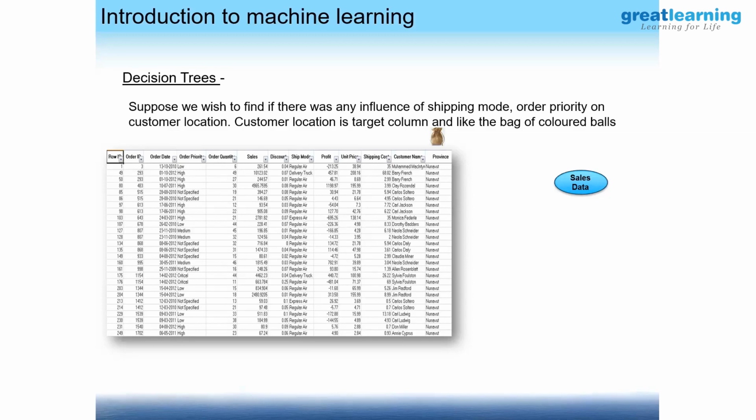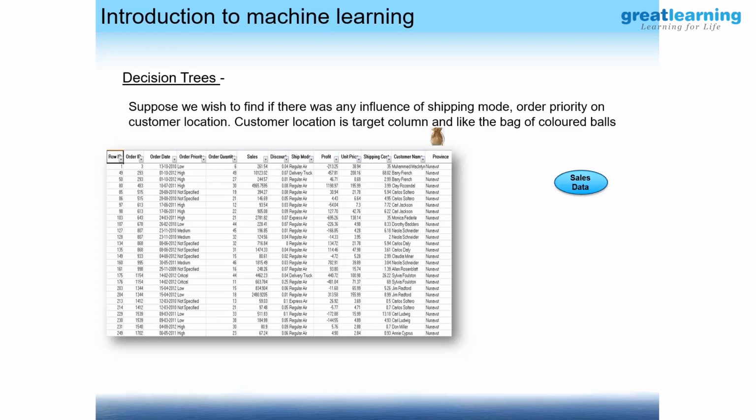And the task assigned to you is, can you build a model which, by looking at the various other attributes, will help me decide where this customer is located. So the last column is the location column. The screen size is limited, so I've shown you only a subset of the data set. Otherwise, this is a long data.